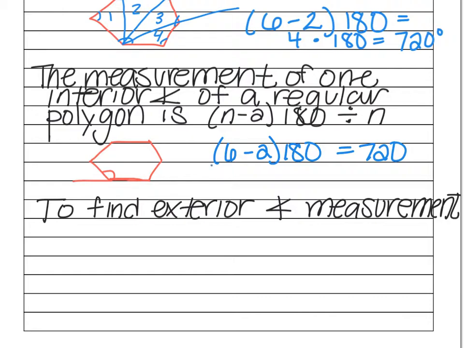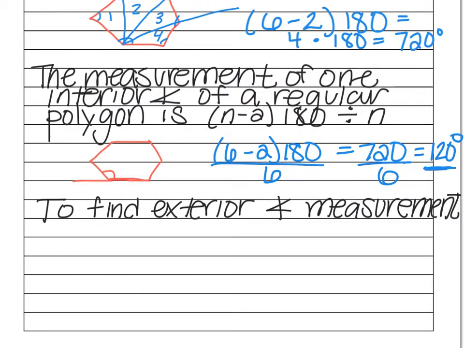But then we have to divide that by the number of sides, n. So I would divide that by 6, which makes sense because I have 6 sides. If I want to know what just one of them is, I'd have to divide what all of them are by 6 to get just one. So I do 720 divided by 6, and I get 120 degrees, and that is just one of the angle measurements.